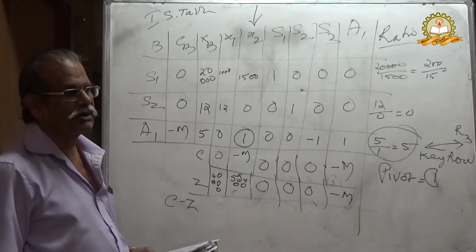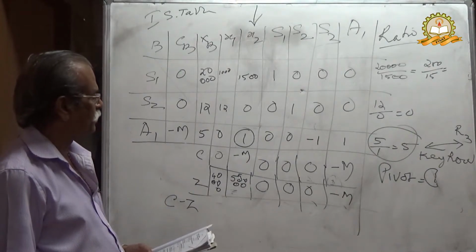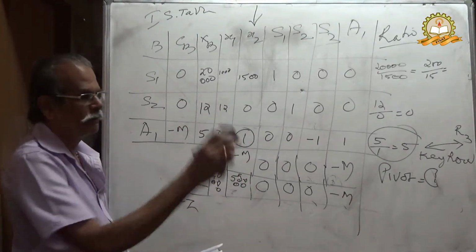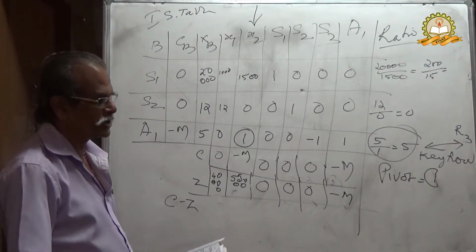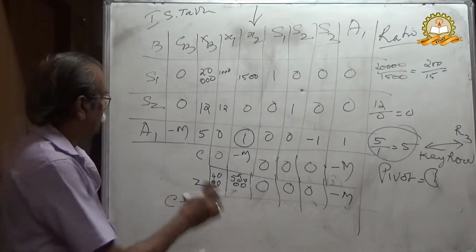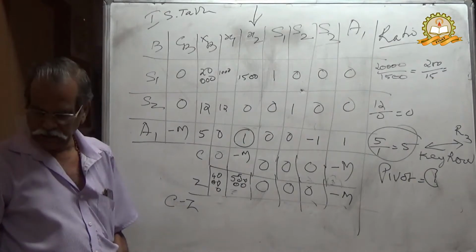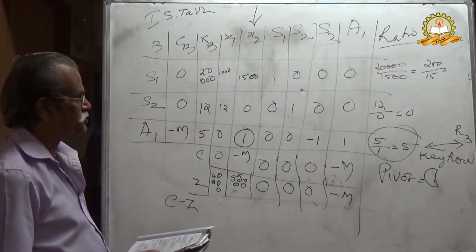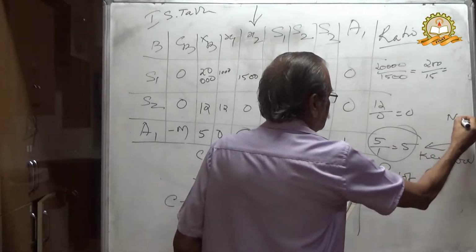Then considering this new R3, already it is 1. In the earlier question we said that you will have to divide by the same number to make it into a 1. Here already it is 1. Therefore, this is the row called new R3.